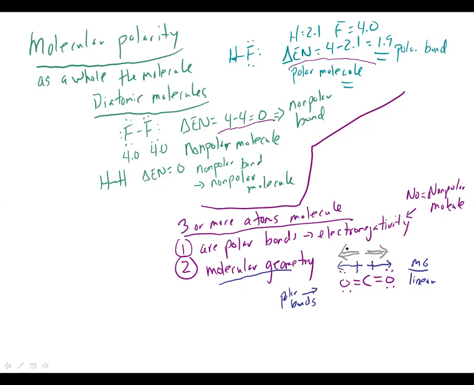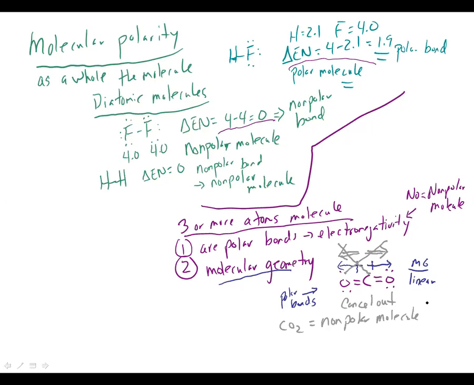And what's going to happen is, although it does have polar bonds, because of the geometry here, they're essentially going to cancel each other out. And although it does have polar bonds, CO2 is actually a nonpolar molecule. It's very similar to two people pulling on opposite sides of a rope, pretty much equal to each other. The rope is not going to go anywhere, so they will cancel each other out.